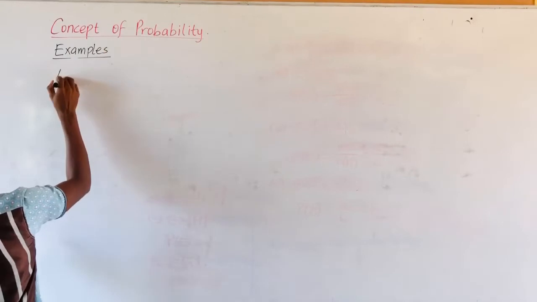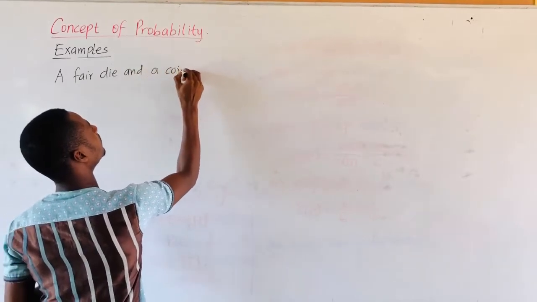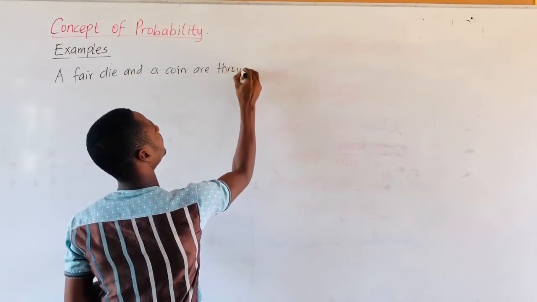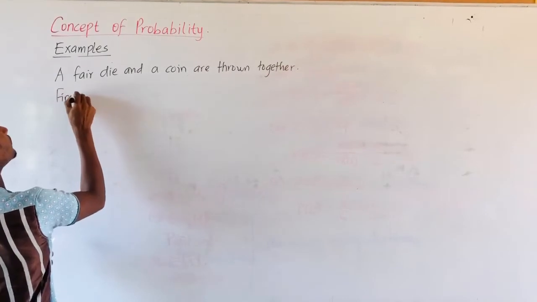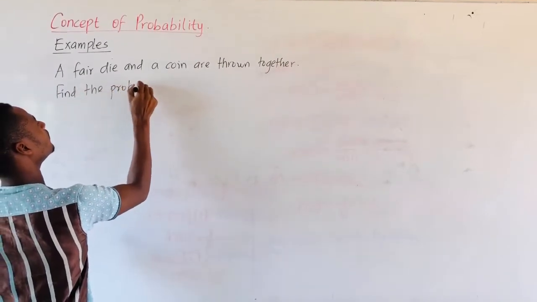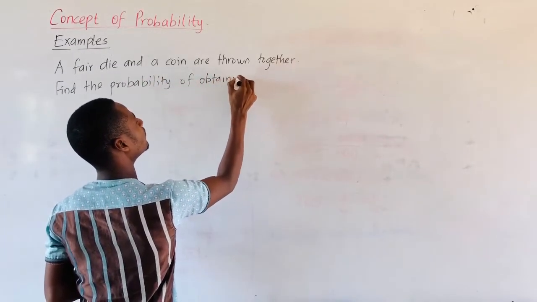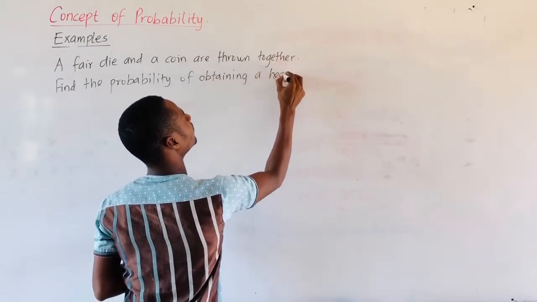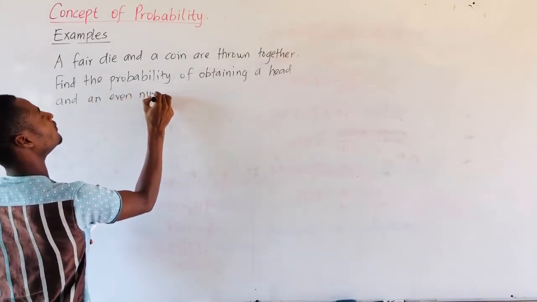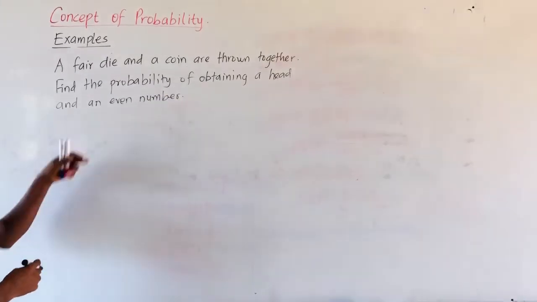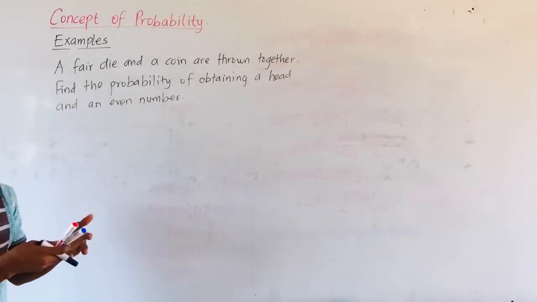So another example. In this case, we are performing two experiments at the same time, and therefore we will have two outcomes at a time.